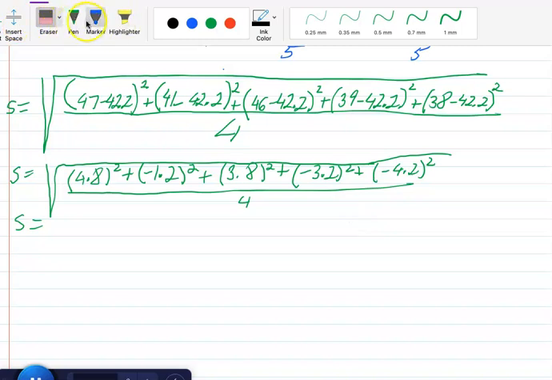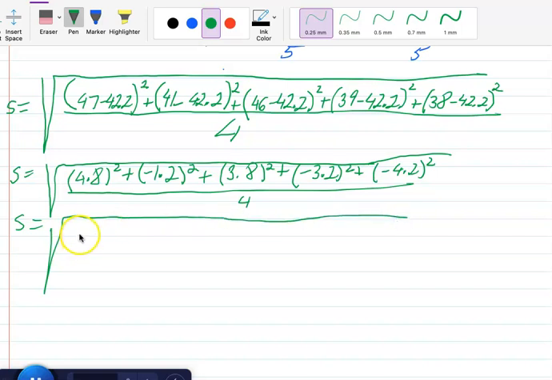Okay, so now I have 4.8 squared. Actually, let's not put parentheses, we don't need that anymore.